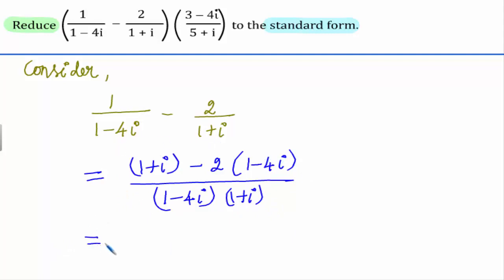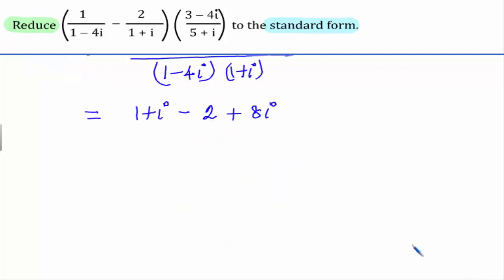So this will be equal to 1 plus i minus 2 plus 8i. And in the denominator we have 1 plus i minus 4i minus 4i square.